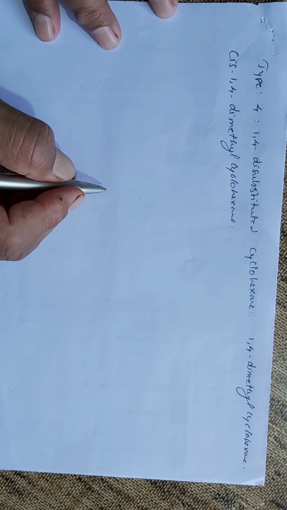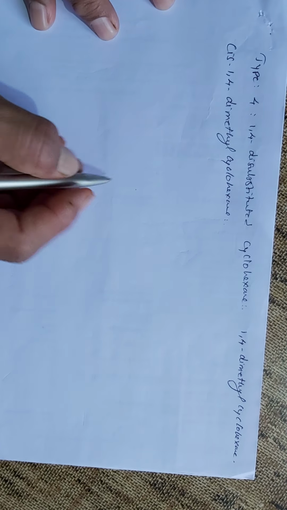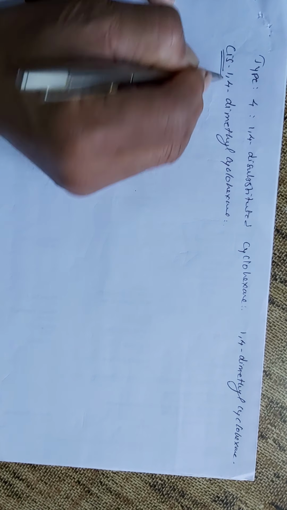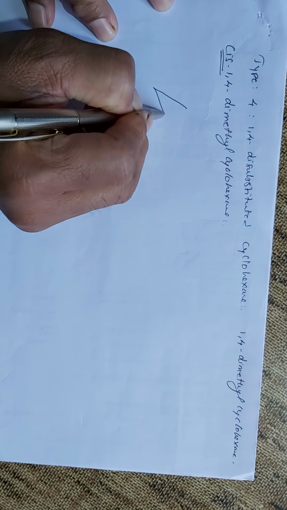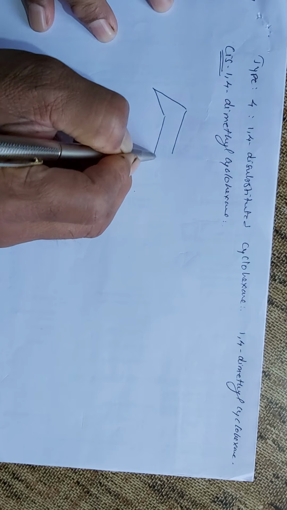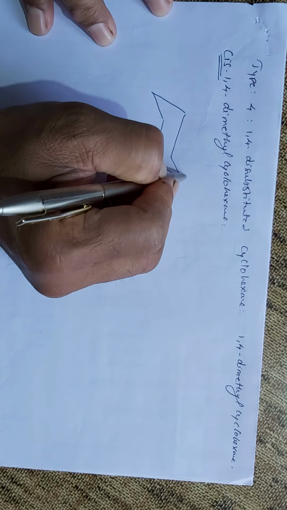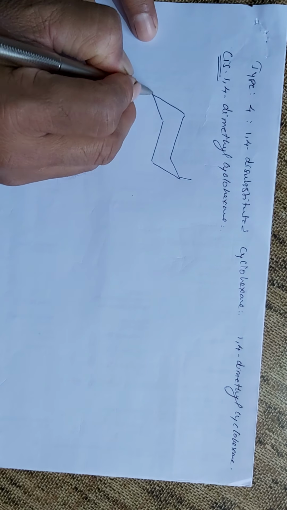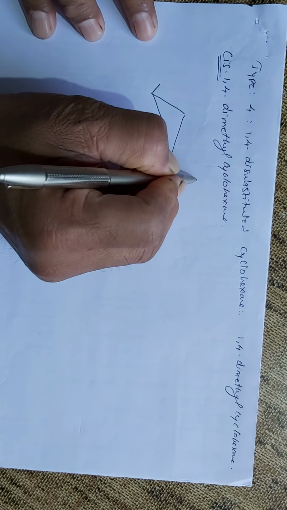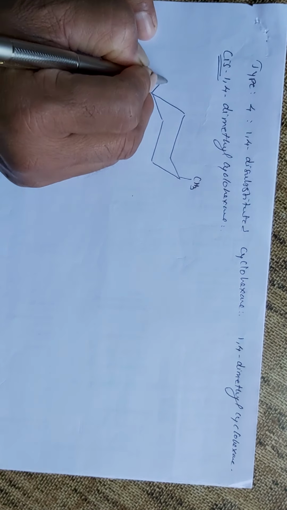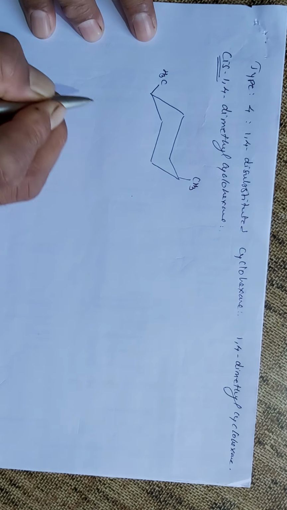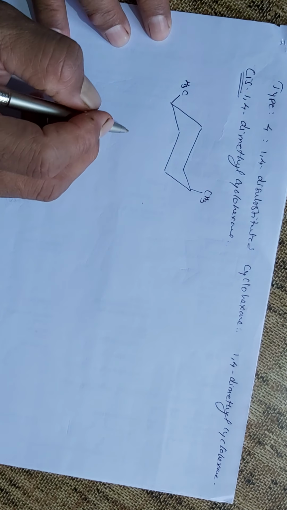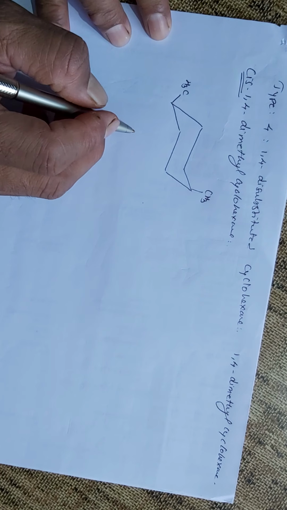In this isomer, one substituent will be axial, whereas the other will be equatorial. If we see this, both the groups are directing to the same side of the general plane.